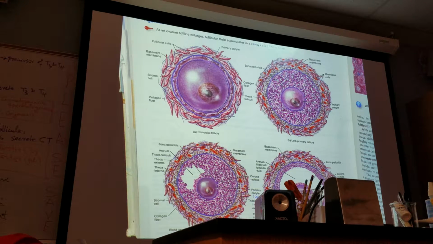Theca folliculi is formed. Theca folliculi has 2 parts, theca externa and theca interna. Don't bother with that. I don't know if I included theca folliculi in the structure, no. But I might have that as a bonus question.